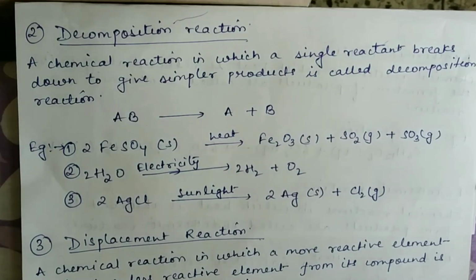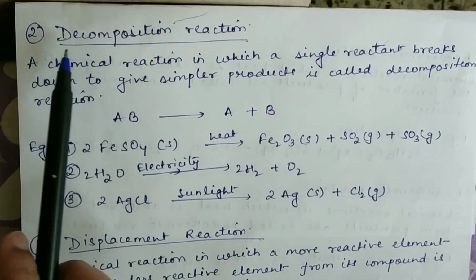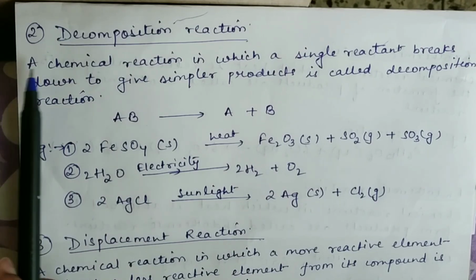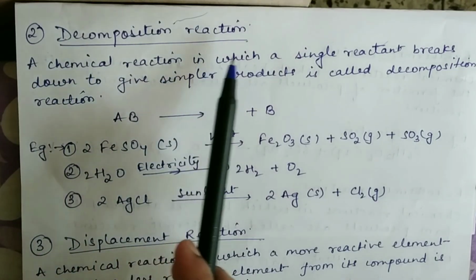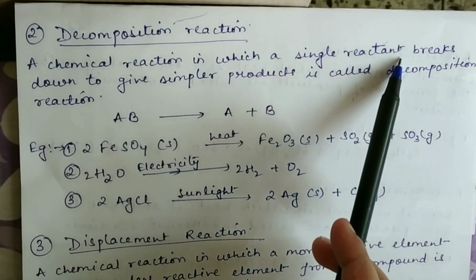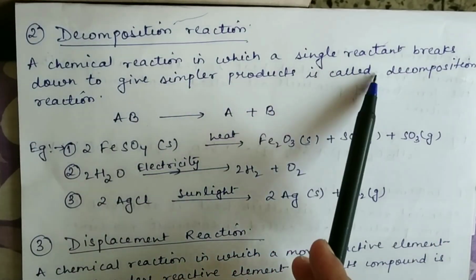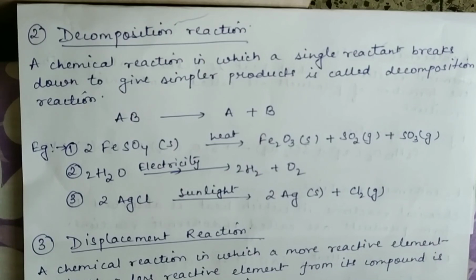So the second type of chemical reaction is the decomposition reaction. Now a decomposition reaction is just the opposite of a combination reaction. Let us try to define it. A chemical reaction in which a single reactant breaks down to give simpler products is called a decomposition reaction.